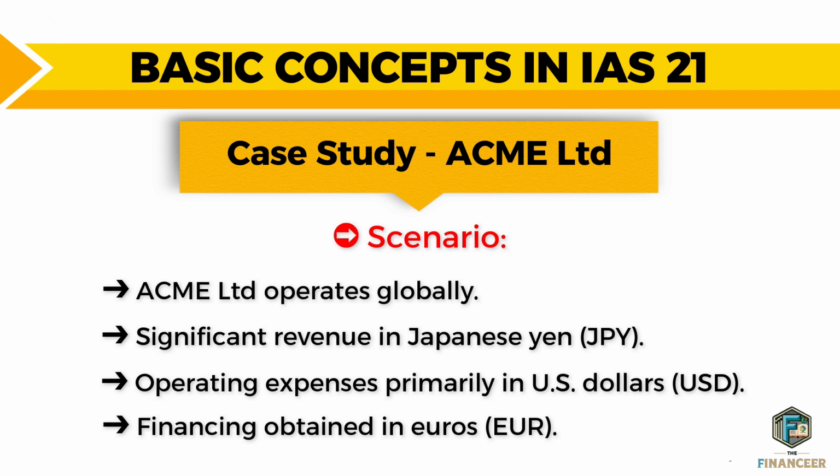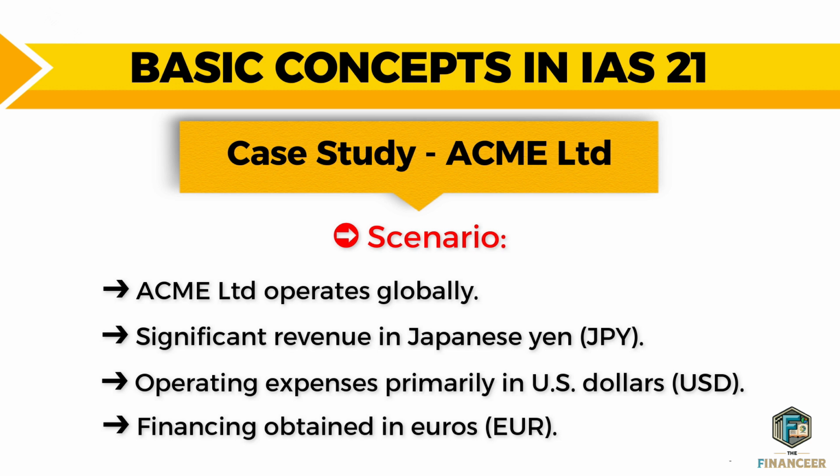But be careful, because it's not decisive by itself unless the financing drives operations or is long-term and highly influential. Then we need to assess the currency influencing the pricing and the cost structure. If the company sets selling prices based on the JPY and operates in a JPY pricing environment, this will strengthen the case for the JPY itself.